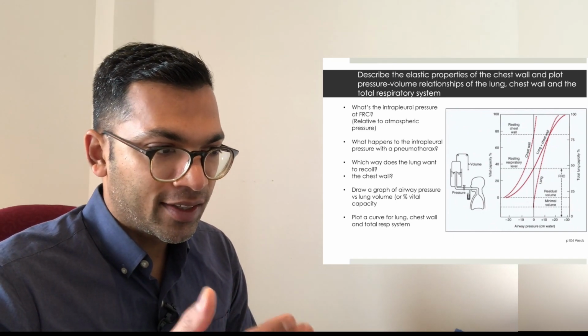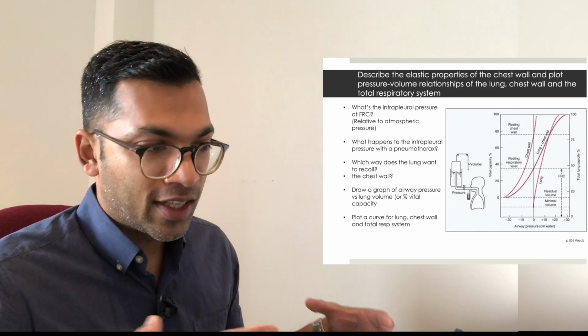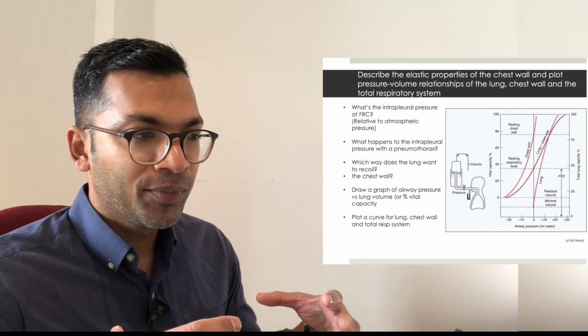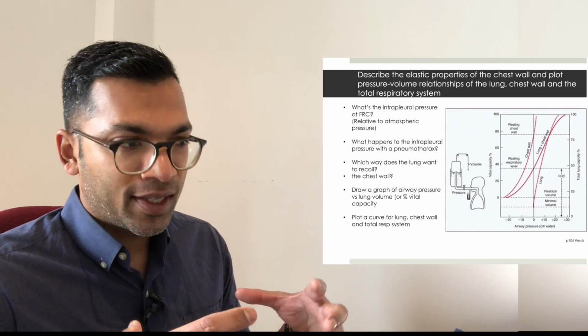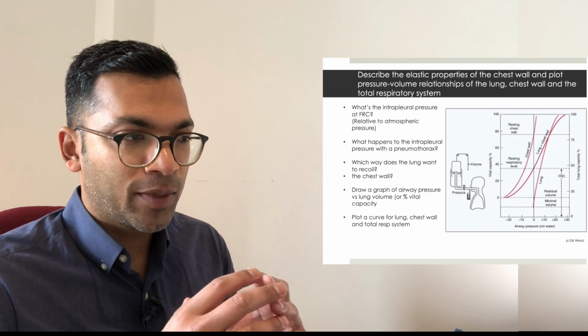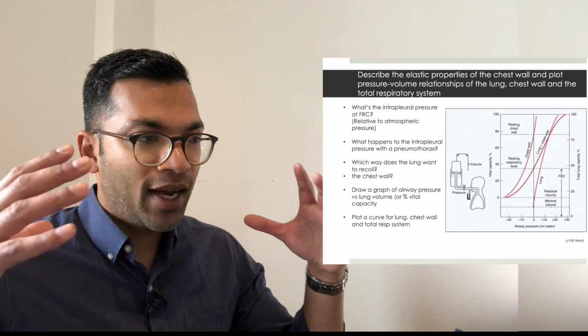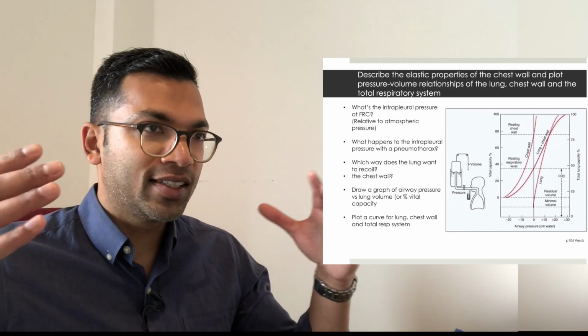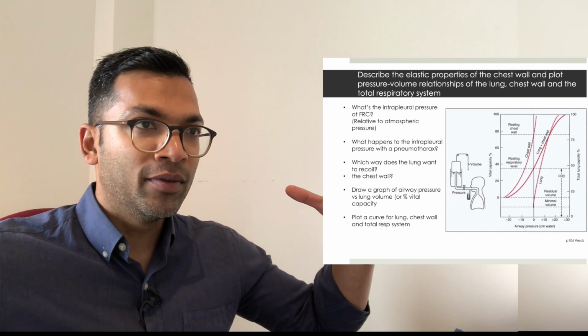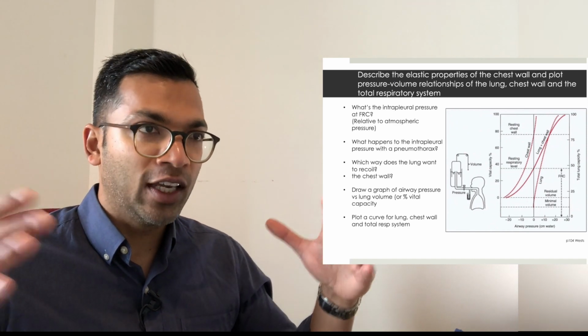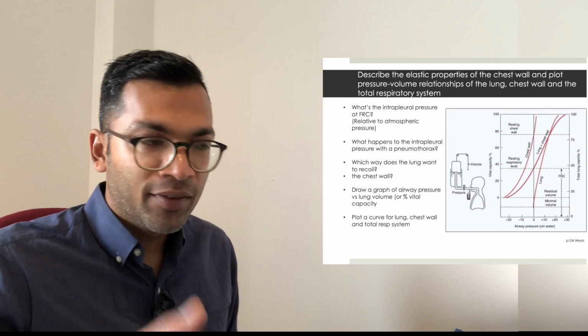So at 0 lung volume, there's a lot of outward recoil, so there's a lot of negative pressure generated by that. By the time it gets to 75% of lung capacity, that's where the resting state of the chest wall wants to be. So with any further inspiration, the chest wall is going to recoil inwards, creating that positive pressure that you were saying.